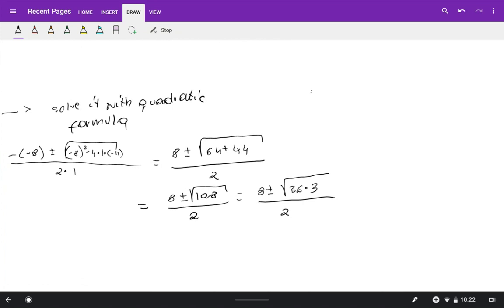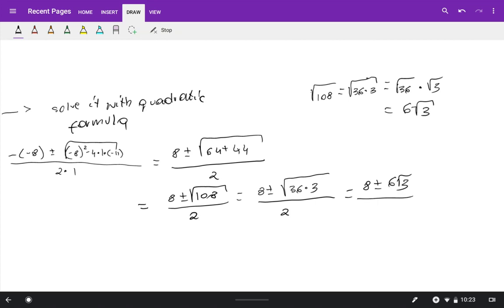The square root of 108 is the same as the square root of 36 times 3. And this is the same as the square root of 36 times the square root of 3. The square root of 36 is 6. The square root of 3 is irrational. So we're going to leave it that way, 6 square roots of 3. So we have 8 plus minus 6 square roots of 3, divided by 2.